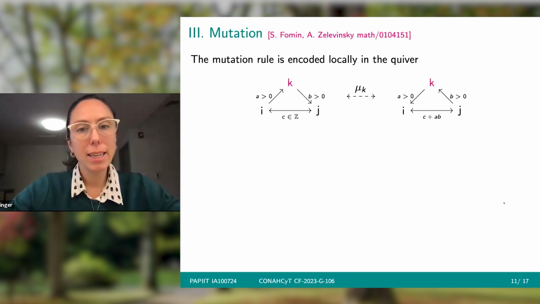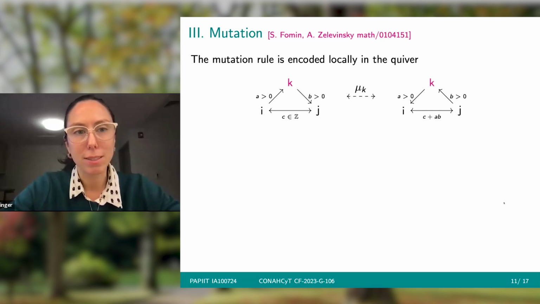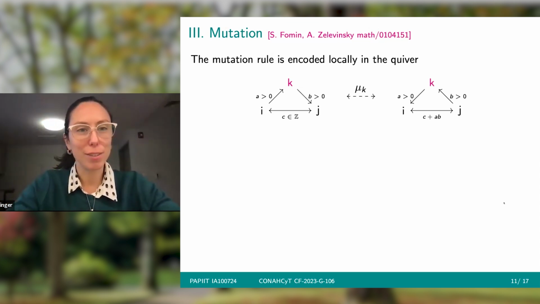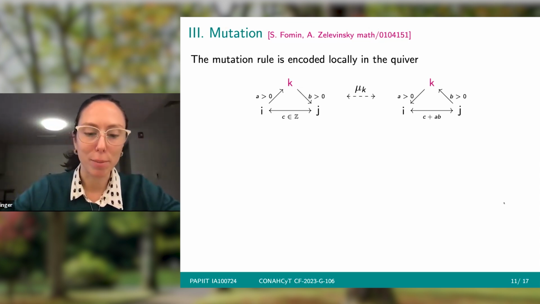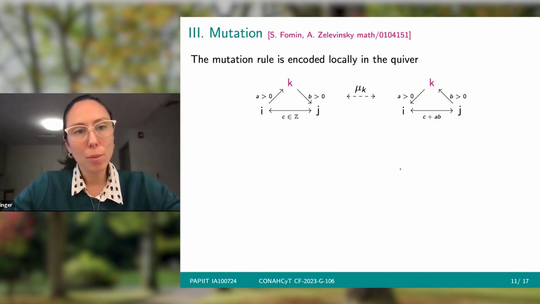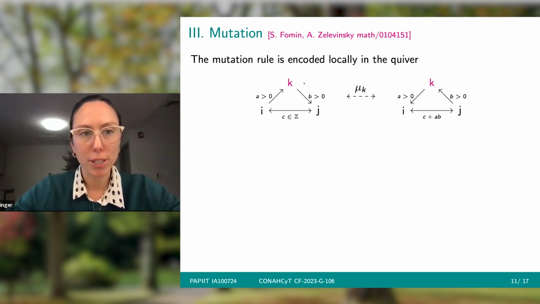So more generally, the mutation rule is encoded locally in my quiver. This is a little diagram that captures all the information of the mutation rule very efficiently. The mutation is a local operation in this quiver. So I start by fixing some vertex in the quiver.